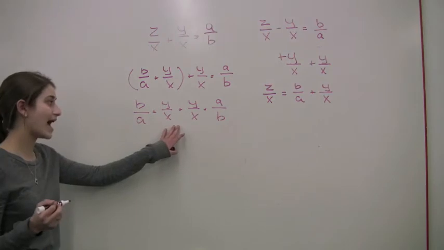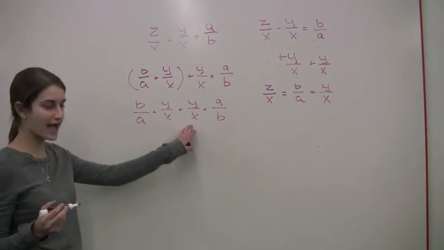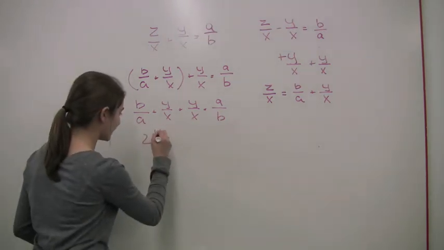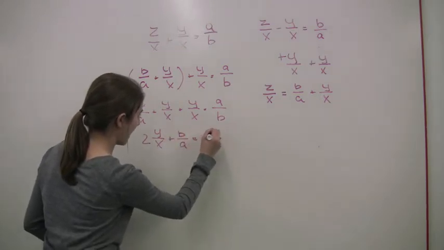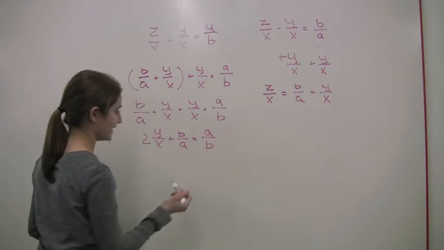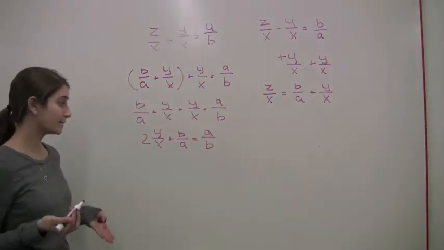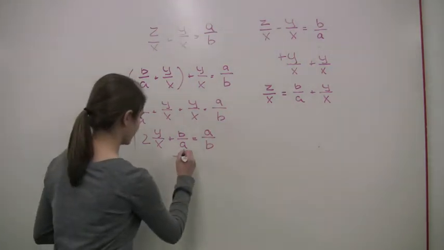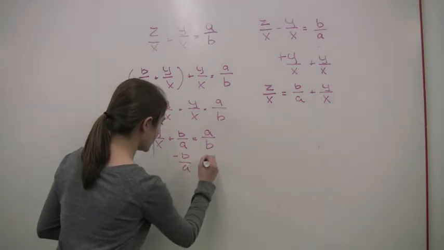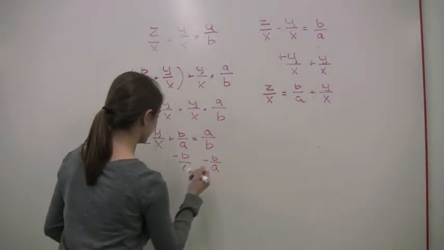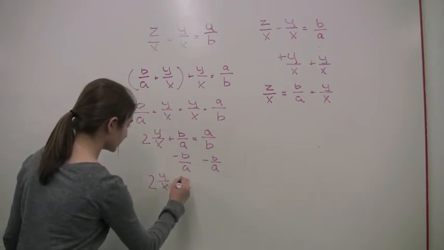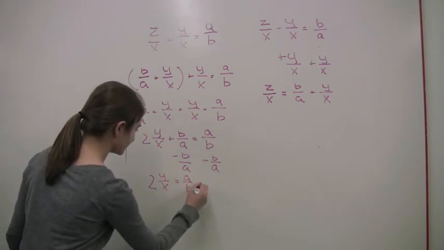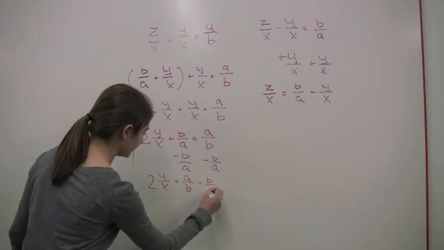Once again, we can add y over x plus y over x to get 2y over x plus b over a equaling a over b. The next step is to subtract b over a from both sides. This results in 2y over x equaling a over b minus b over a.